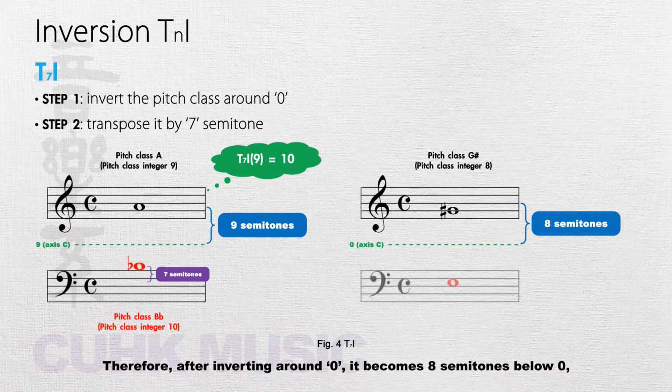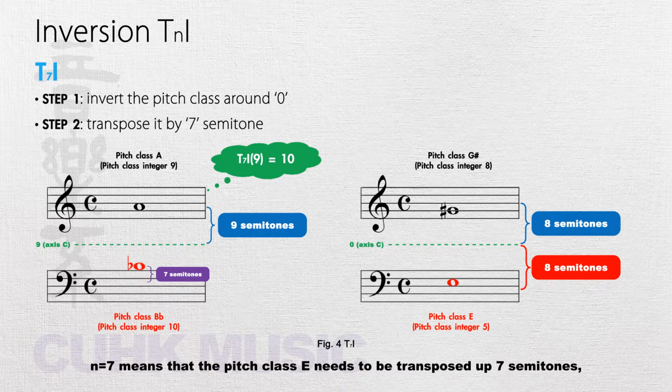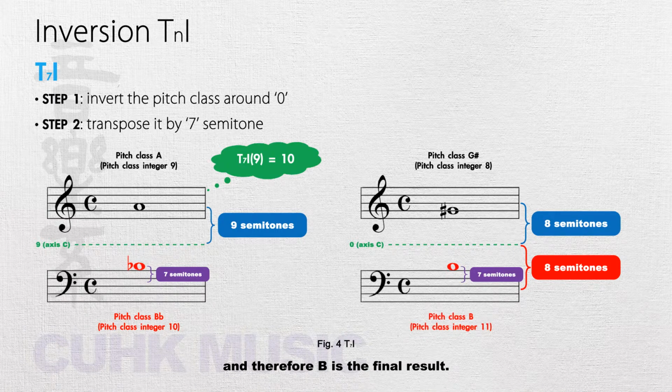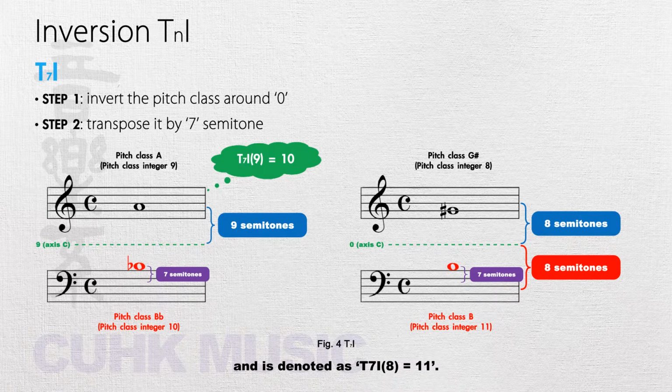Therefore, after inverting it around 0, it becomes 8 semitones below 0, in other words, the pitch class E. n equals 7 means that the pitch class E needs to be transposed up 7 semitones, and therefore B is the final result. Therefore, the inversion of pitch class G sharp through T7I gives the pitch class B and is denoted as T7I8 equals 11.